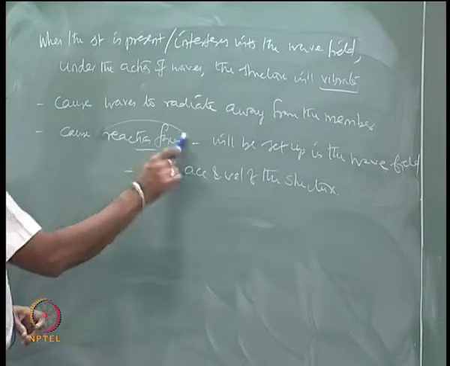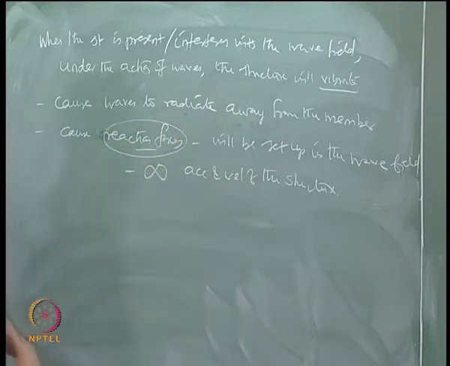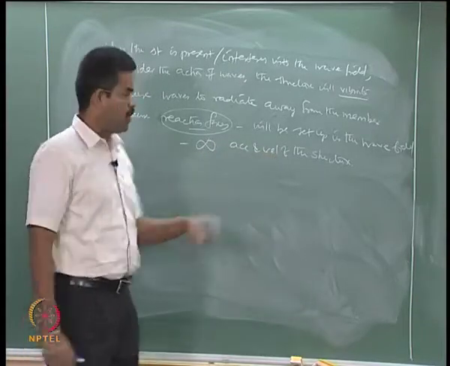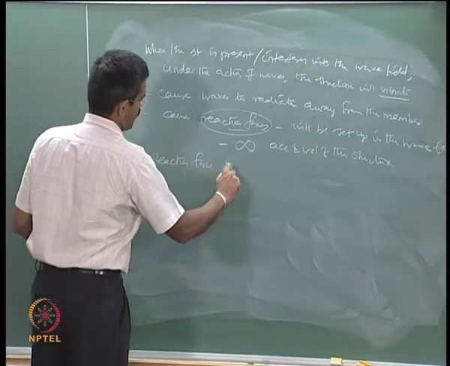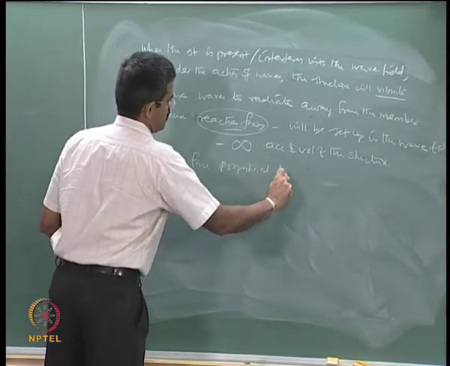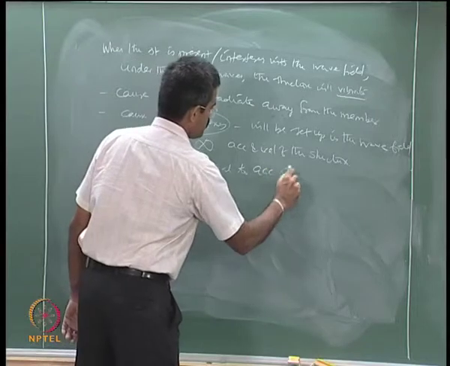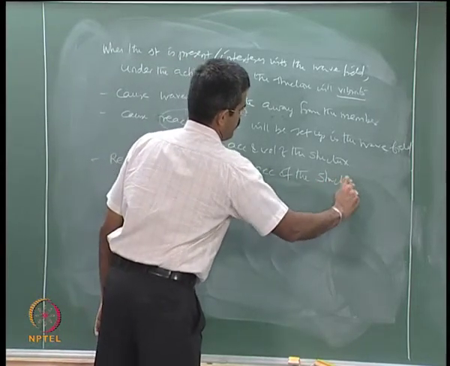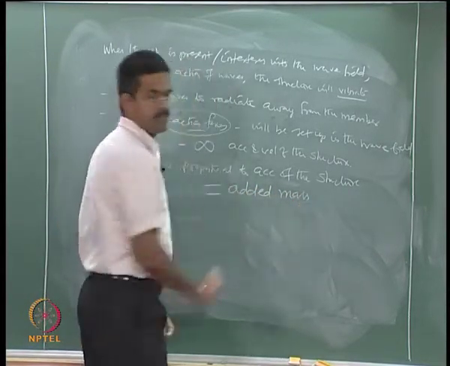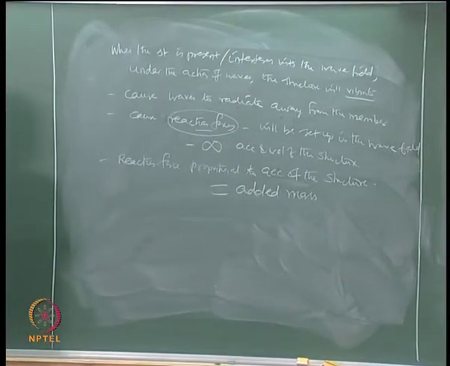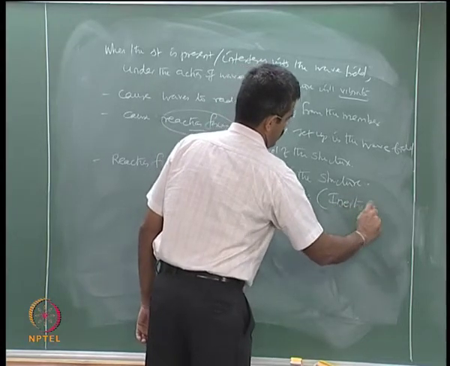So the reaction forces generated because of the radiating action of the waves from the member is proportional to acceleration and velocity. Now the reaction force proportional to acceleration of the structure will result in added mass, or inertia effect.